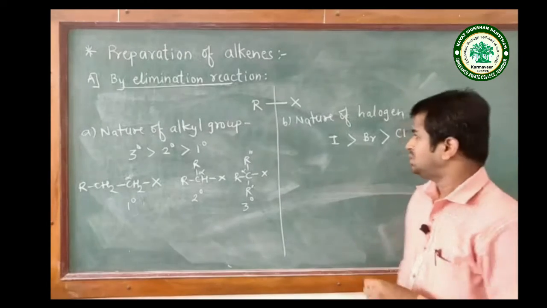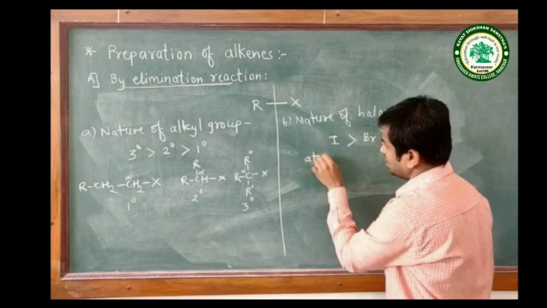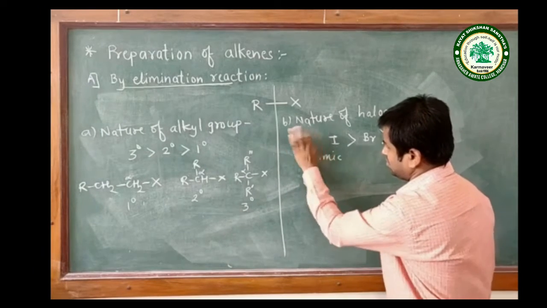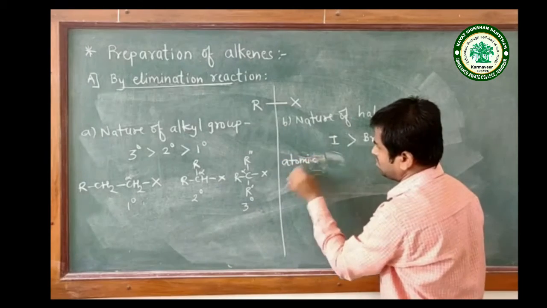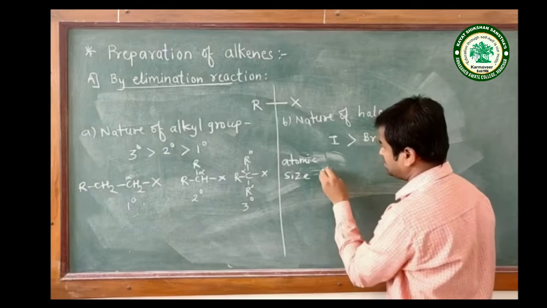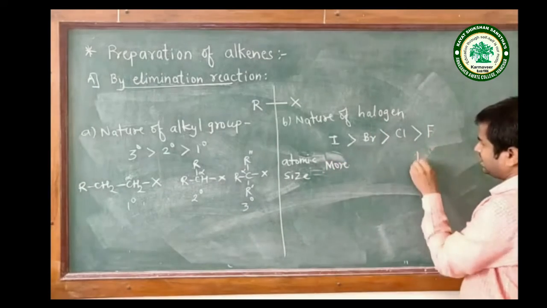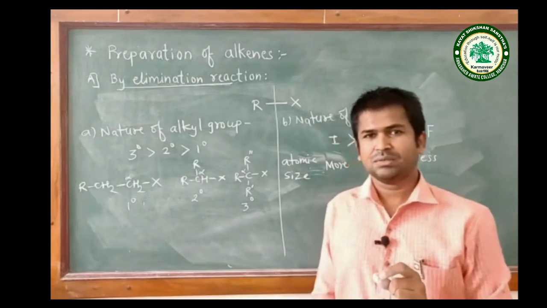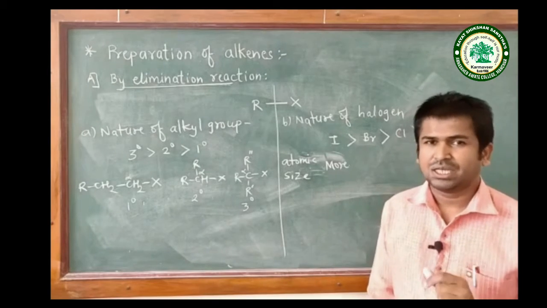This is because the size of iodide is more, while the size of fluoride is less. Fluoride is smaller in size, while iodide is larger in size.